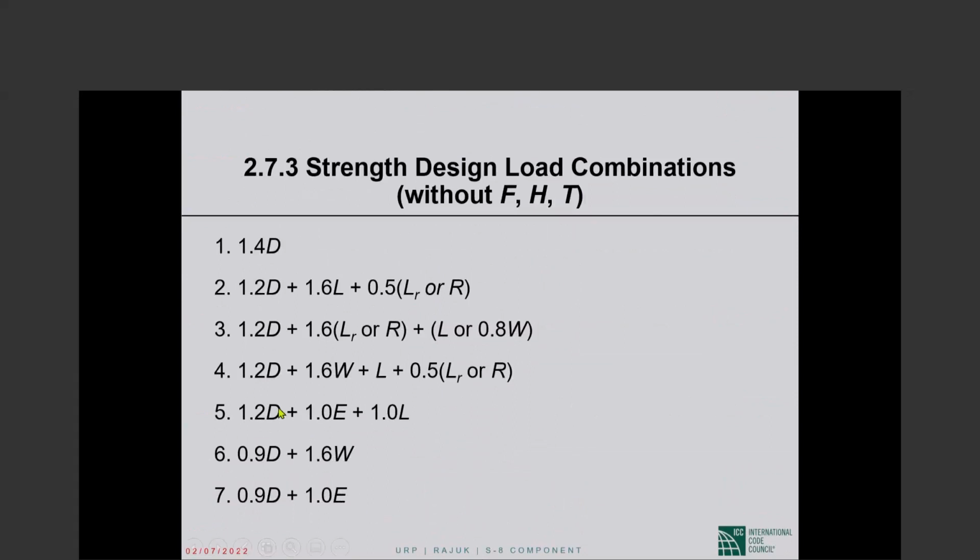Two of the load combinations have earthquake effect E in them. This is what I call the additive seismic load combination. The gravity causes negative bending moment at a support section. Earthquake also causes negative bending moment. If we want to figure out the largest negative bending moment at that section, we will use that load combination.